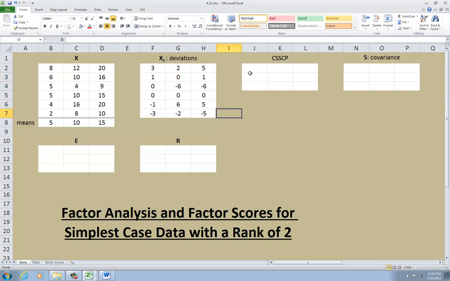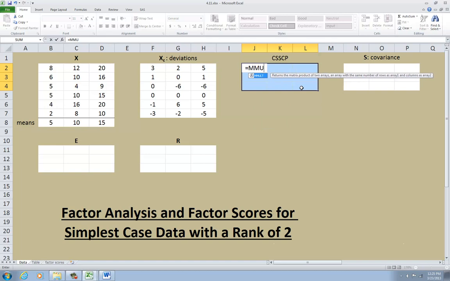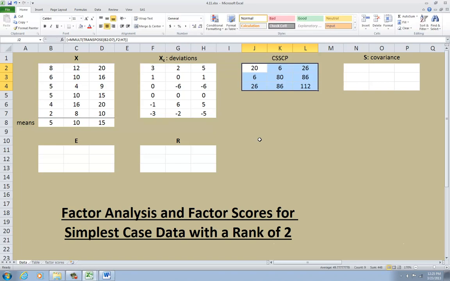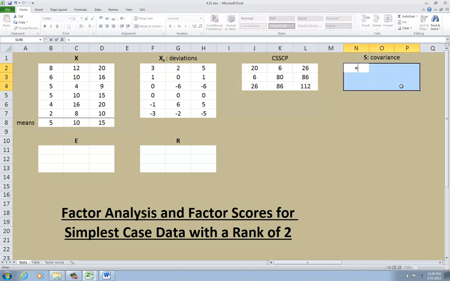And then to get the centered sum of squares and cross products matrix, highlight our raw data, and multiply the transpose of that times the deviation scores. And now to get the covariance, we're going to take our CSSCP and divide by the degrees of freedom, which is 5. And that's what we get.